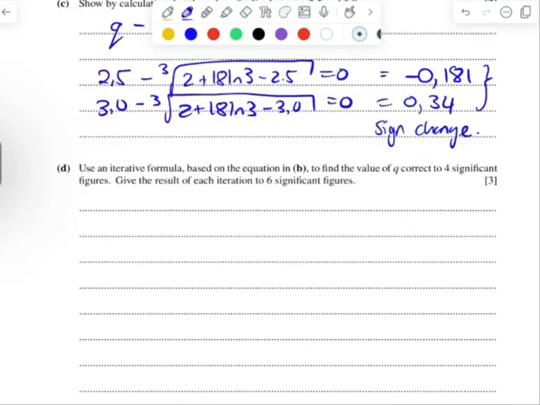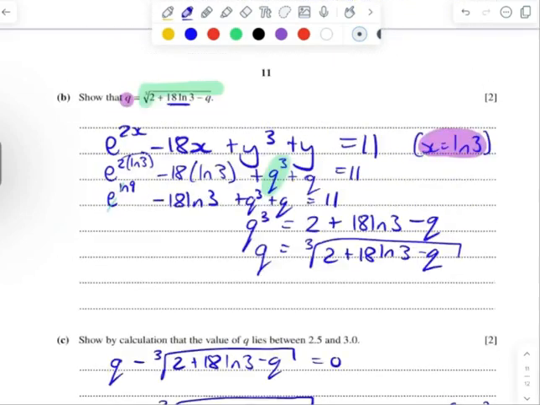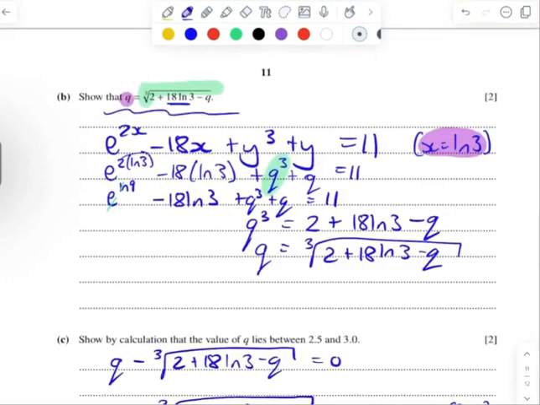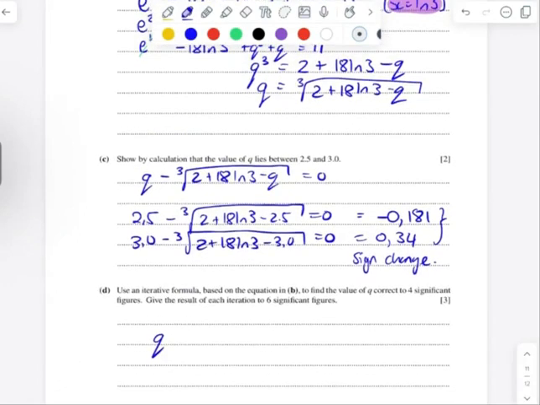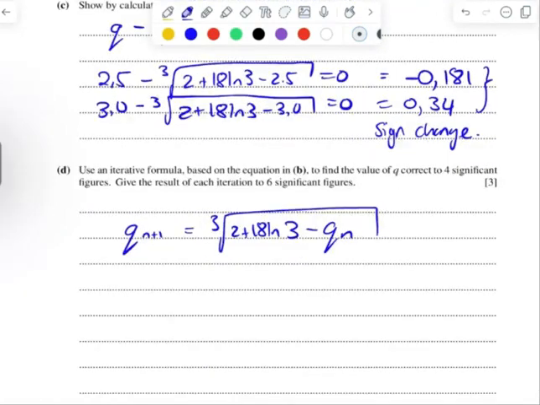Okay, now it says use the iterative formula based on B. So we're going to go back to our formula over here. So we want to try find Q now.